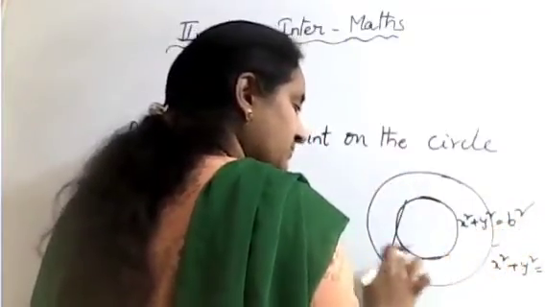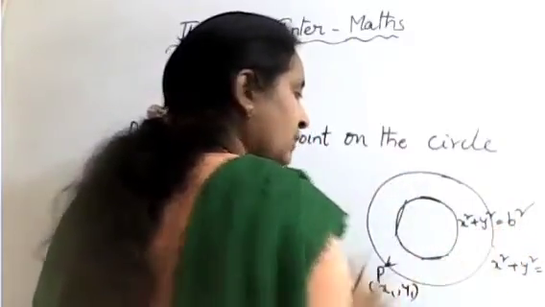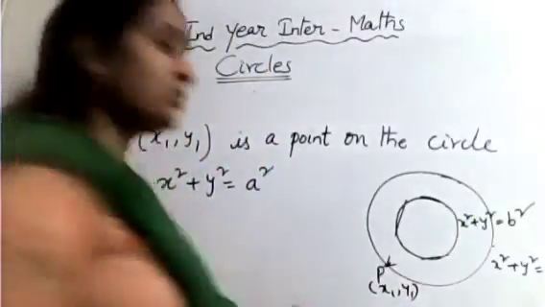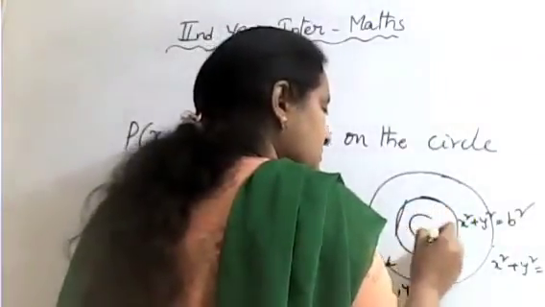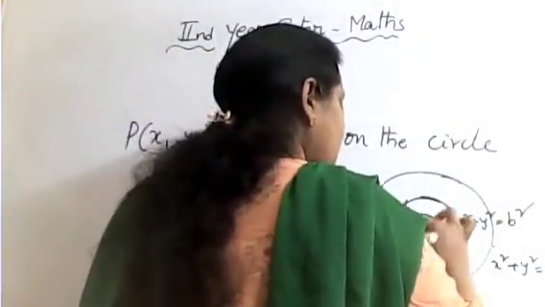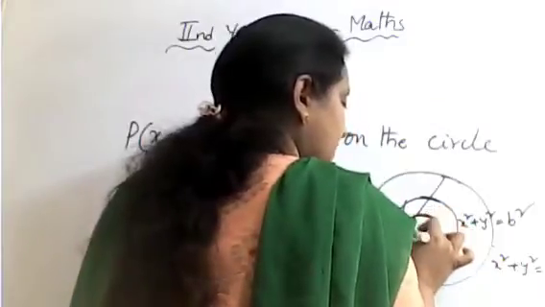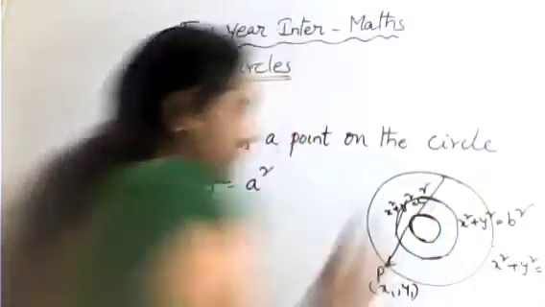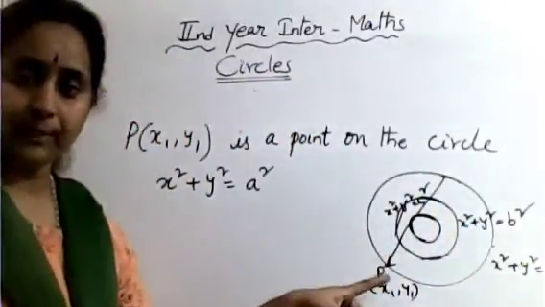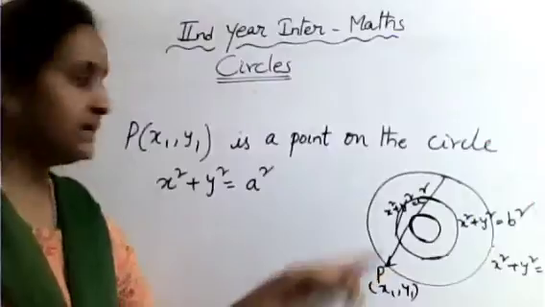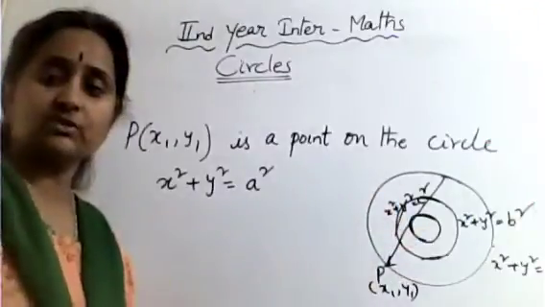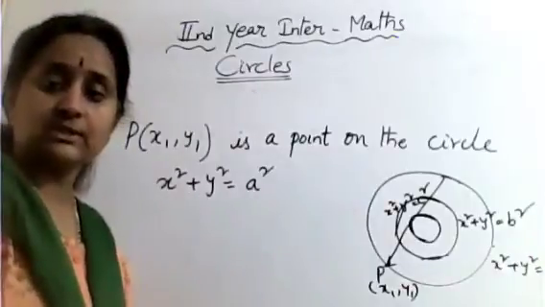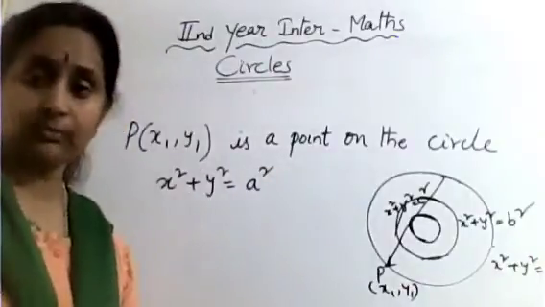From this point, the polar equation is a tangent to x square plus y square is equal to c square. Now we need to show that a, b, c are in geometrical progression.